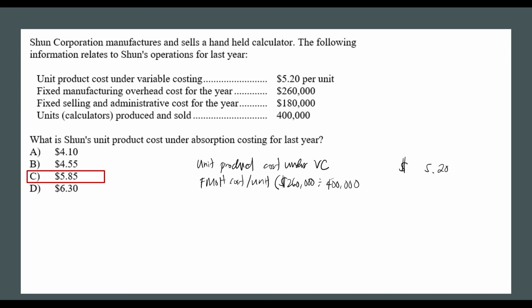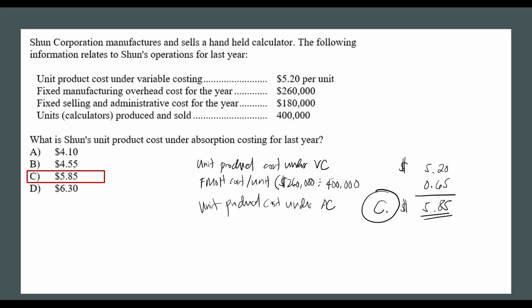For $260,000 divided by 400,000, it shall give us a value of 0.65, right? And then we add the two, and the $5.85 is your unit product cost under absorption costing. The answer again, it's letter C.